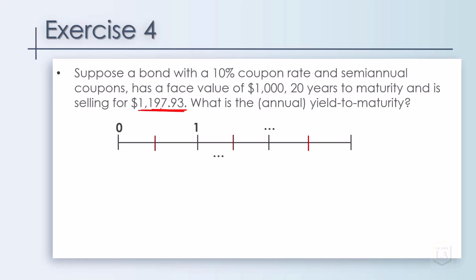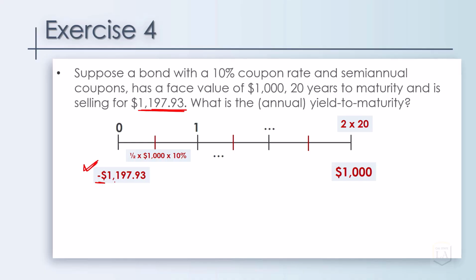So all these variables are given to you. 20 years, meaning that 40 periods. And then in terms of coupon payments, everything is very similar to what you saw before, but the difference here is that the price is already given, and the price will have to be input as a negative.